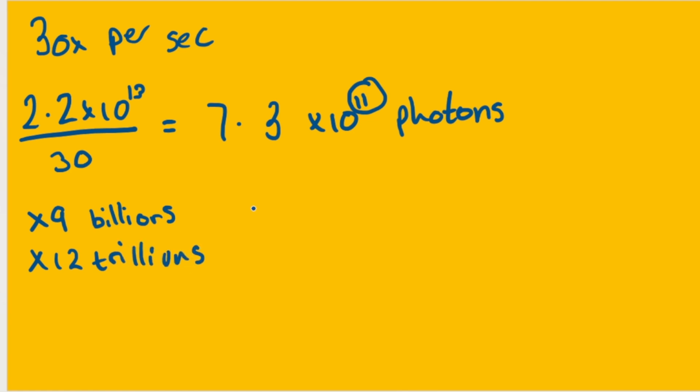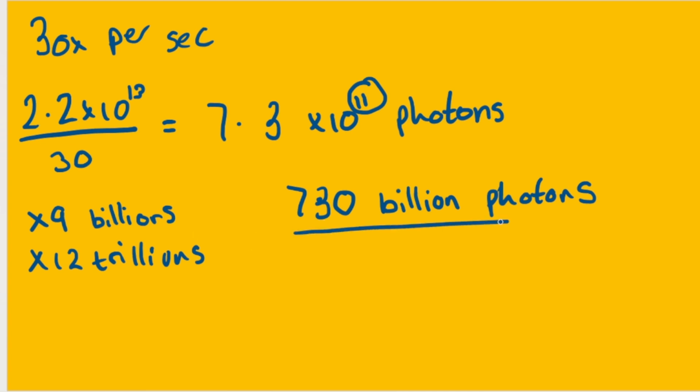So being 10 to the 11, that's 730 billion photons which hit our eye every time our brain takes a reading from our eyes. So that's quite amazing, 730 billion photons. I mean, that's why you don't see your packets of light.